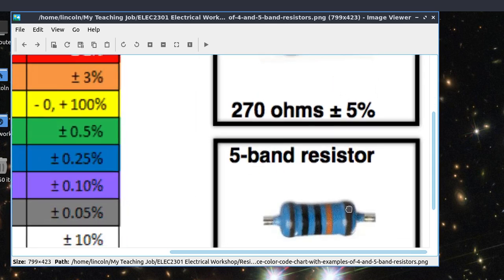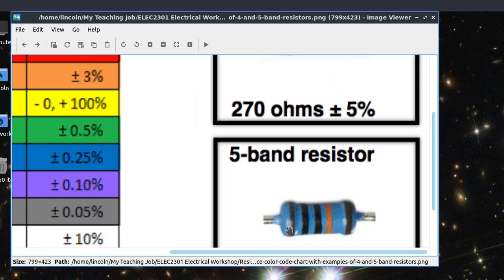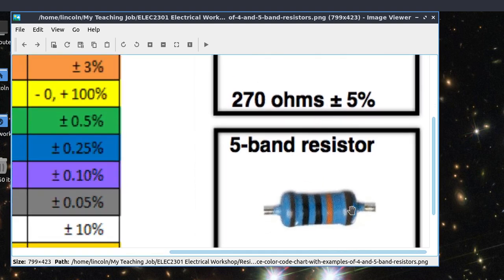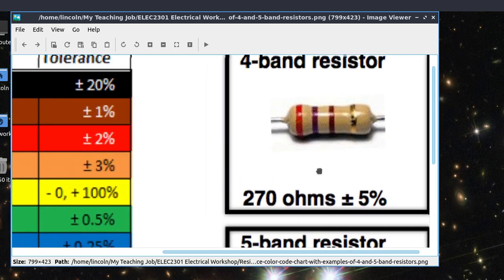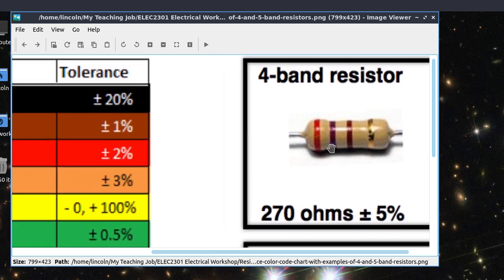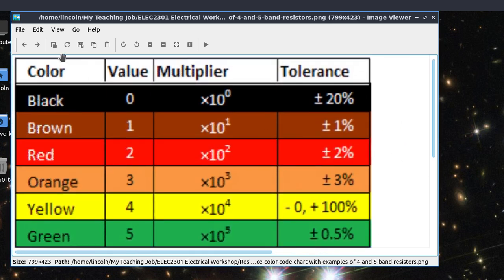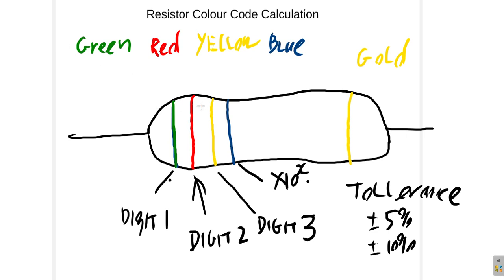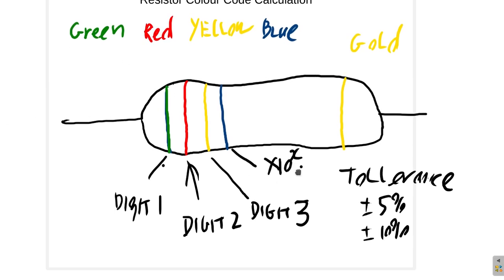So the color that's far from the group of 4 or 3 colors is the tolerance. Then you go to the left is the multiplier, and everything else to the left of that are digits. Now, let's see what that means. We want to calculate the resistance of this resistor.